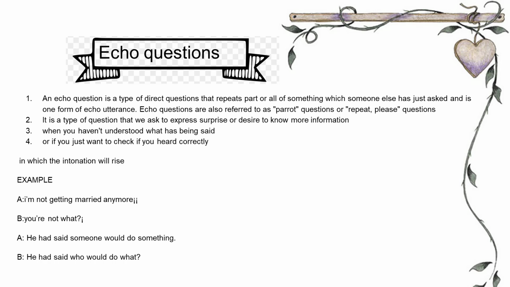Also, it is a type of question that we ask to express surprise or desire to know more information. Also, when you haven't understood what has been said, or if you just want to check if you heard correctly, in which the intonation will rise.